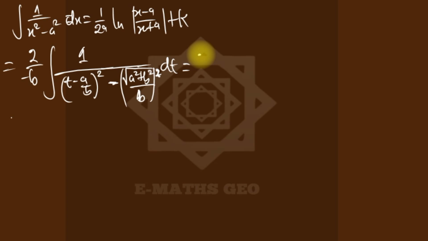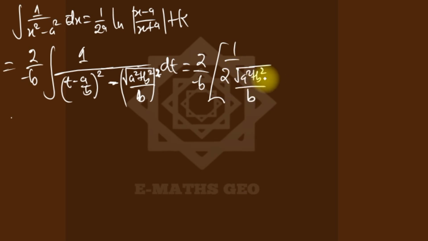Remember, we need to write our 2 over minus b and put our bracket. This is now 1 over 2 times that a, using this expression.